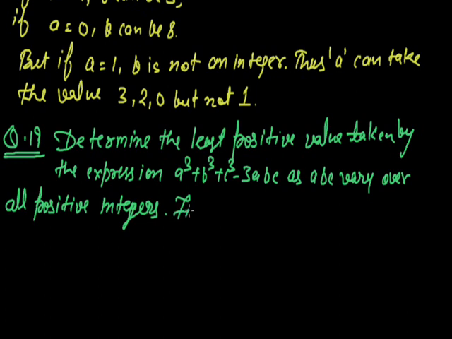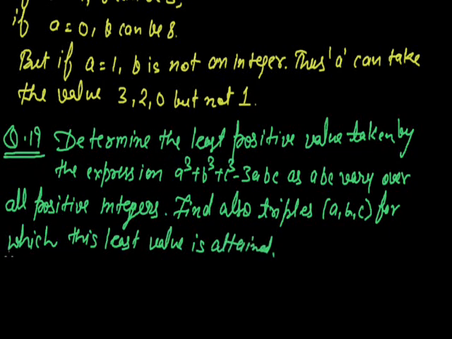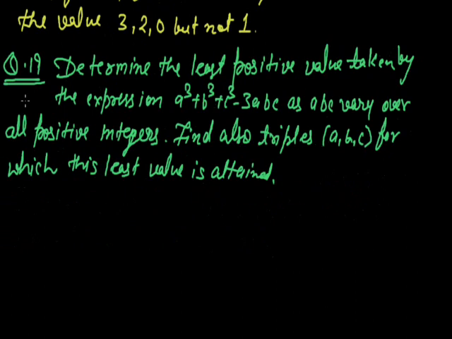Find also triples a, b and c for which this least value is attained. Let us have the solution of the given question.